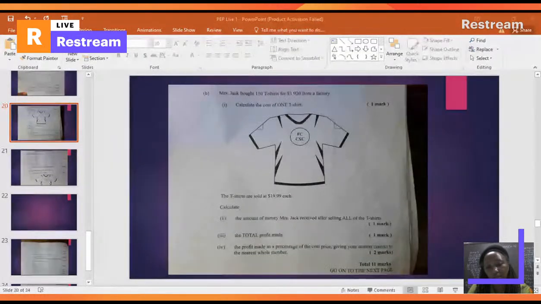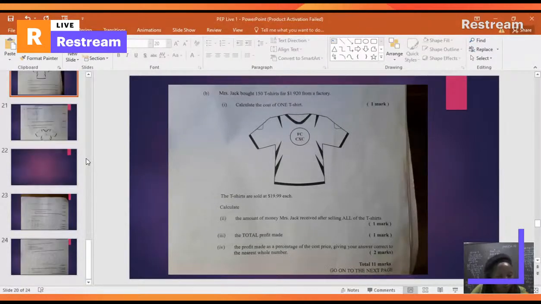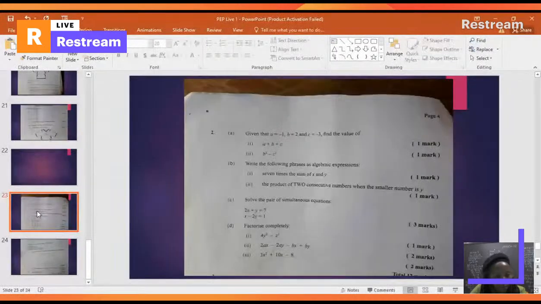All right, and the next question. Let me see what's the next slide. All right, so I think 2 or 3 slides left. All right, so this one is algebra.